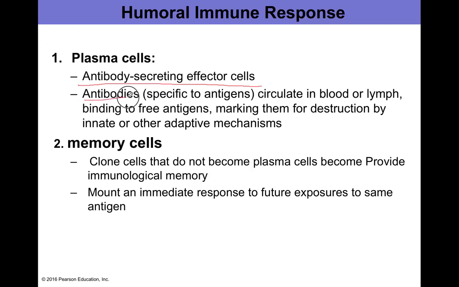The antibodies are specific to every antigen, hence the B cells need to be activated and go through clonal selection. What they do is they mark any antigen or pathogen for destruction by other components of the immune system.